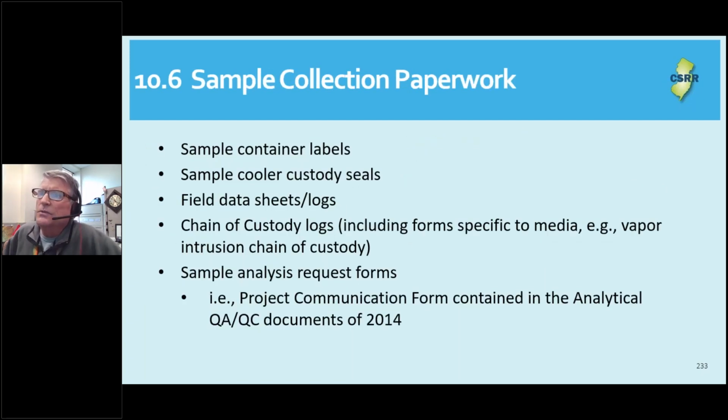This next section was updated to address the current documentation of the sample collection process at the site. Here are a variety of different logs, seals, forms, and labels that are part of the sample collection, preservation, storage, shipment, and relinquishing process. Some are related to the legal transit of environmental samples.